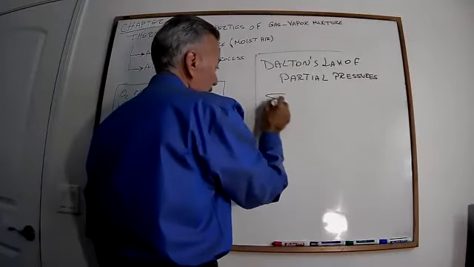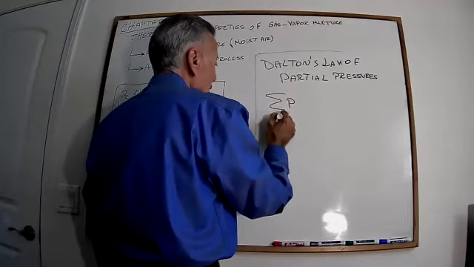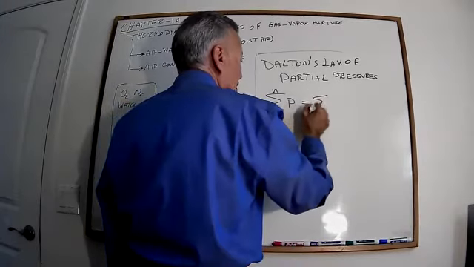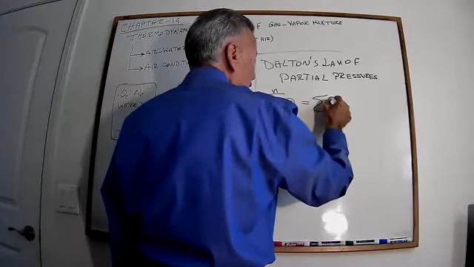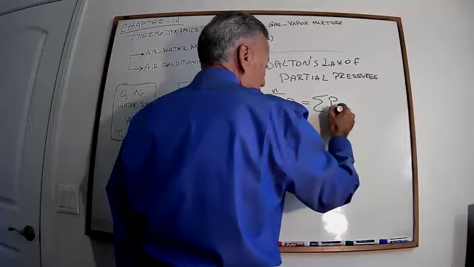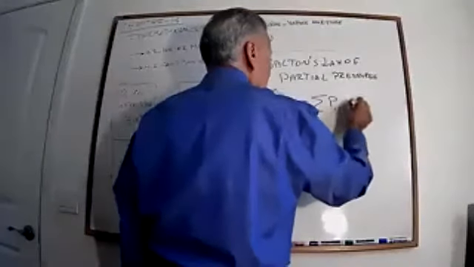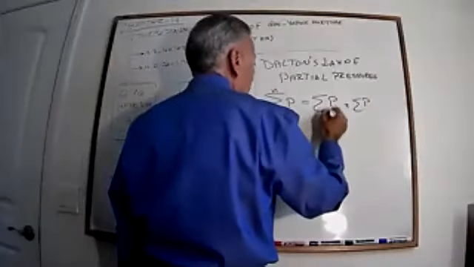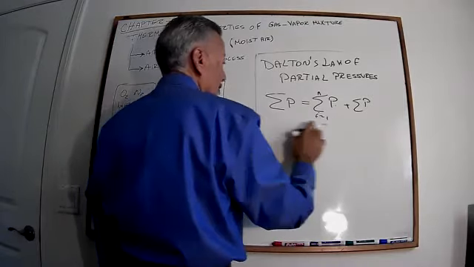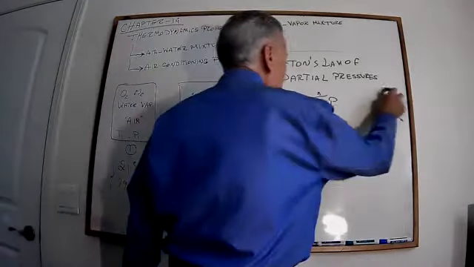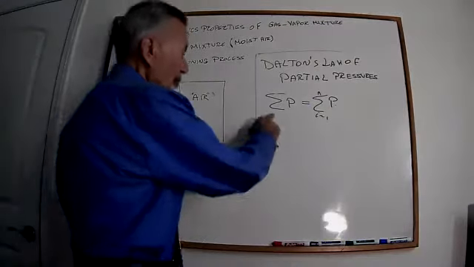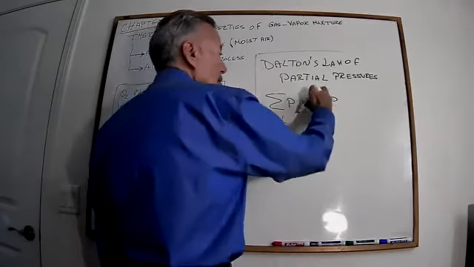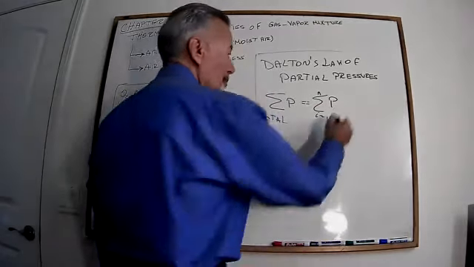What Dalton's law is saying is that the total pressure is equal to the summation of all partial pressures, P1 plus P2 up to Pi.